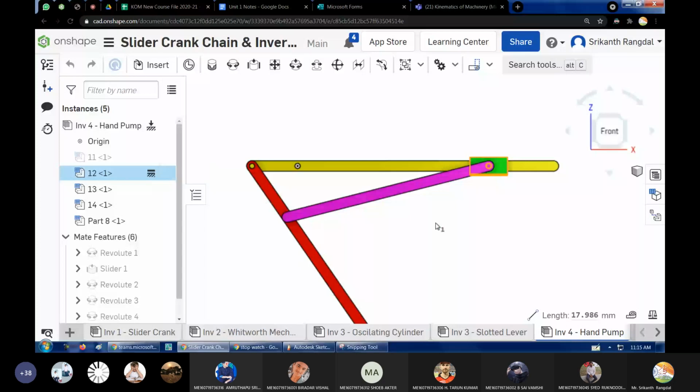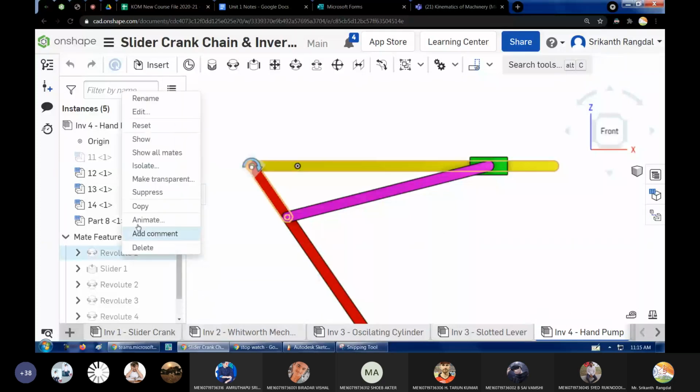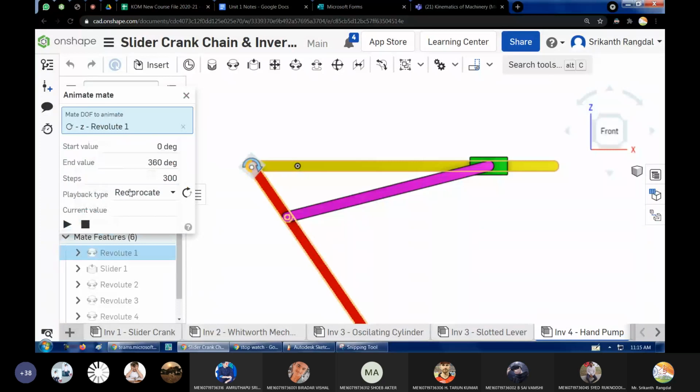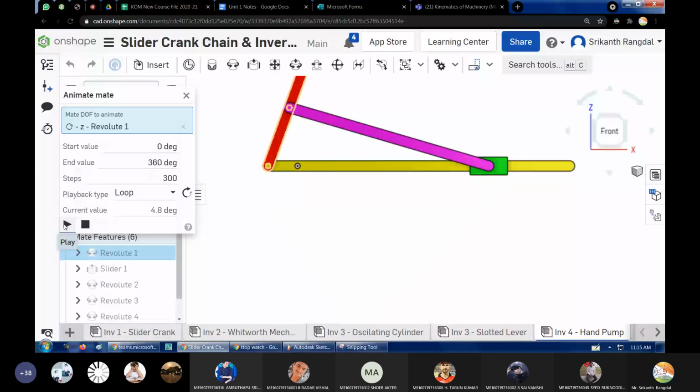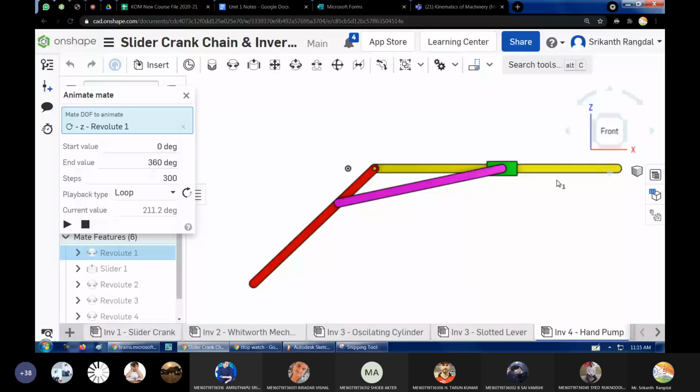And now let us see what kind of motion it will follow. Shall we? Ready? Yes, sir. And here it goes. How is it moving? Sir, decrease the speed. Still want slower. Okay.